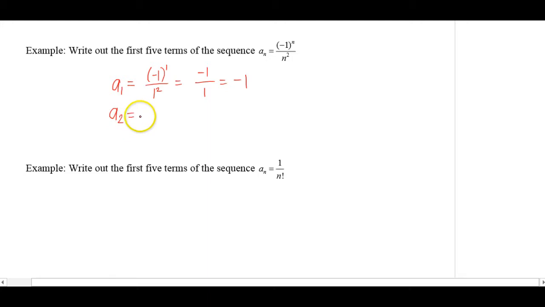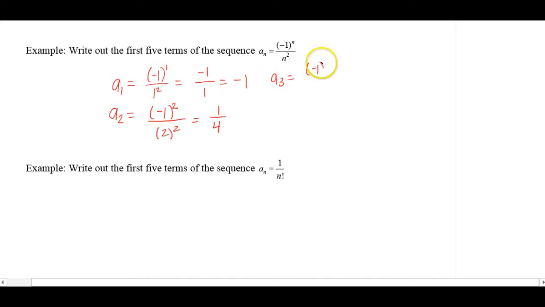Now let's try a sub 2. Negative 1 squared, so I'm substituting the 2 into the n in the exponent, over 2 squared. Now the negative goes away because I'm squaring it, so the top is just positive 1 and the bottom is 4. Now let's try a sub 3.